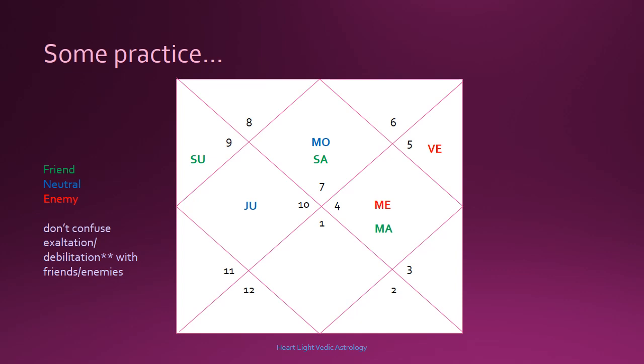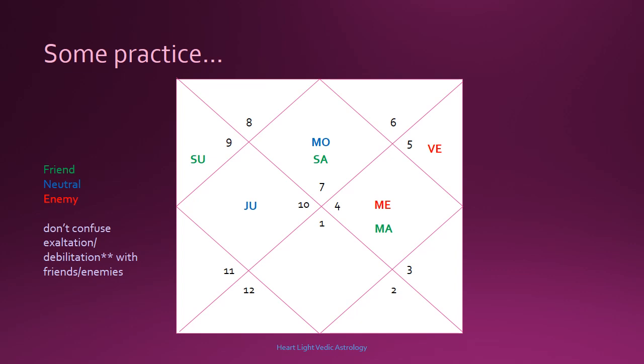So we would guess that Leo would be a sign that's either neutral or an enemy sign to Venus because it's ruled by Sun, and Sun is in the opposite camp. But if you remember too, the two ruling planets that are enemy to Venus are the Sun and the Moon. Because again, if you remember that little story of Venus being vain and not liking to be outshone by the two bright luminaries, Sun and Moon, then Venus is in an enemy sign.